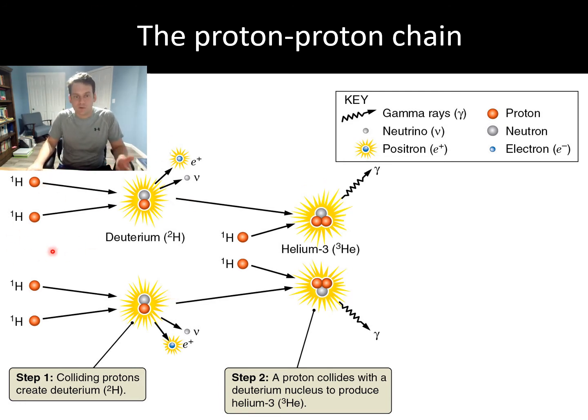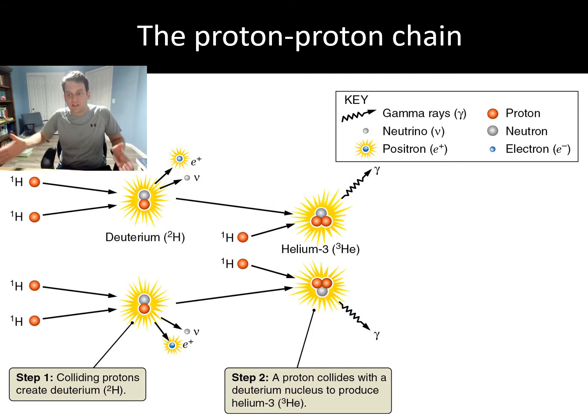We've got 2 more protons flying in and fusing to form a deuterium nucleus, spitting out the positron and neutrino, releasing energy in the process. That deuterium nucleus flies off, then quickly encounters another proton, fuses again to form helium-3, and releases a gamma ray.